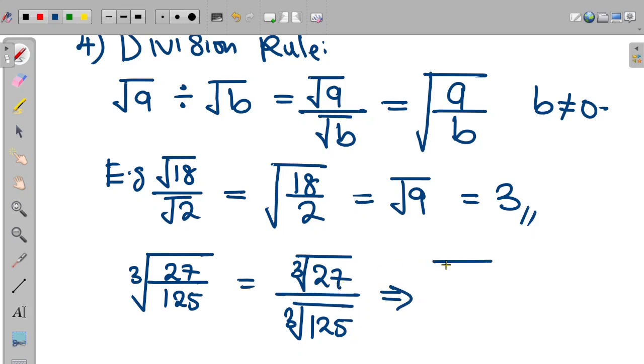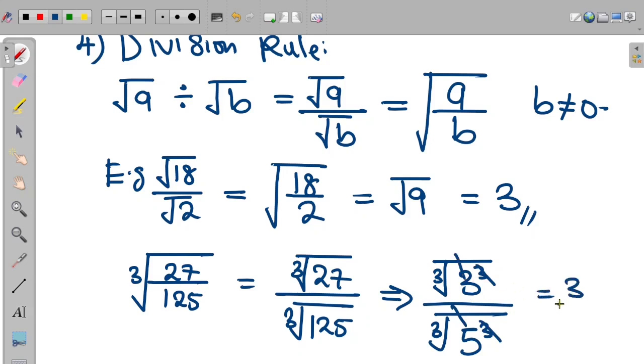So we have cube root of 3 to the power of 3 divided by cube root of 5 to the power of 3. Now, cube will cancel out cube root, so we'll be left with 3 divided by 5. So we have been able to apply the division law to simplify some radical expressions.